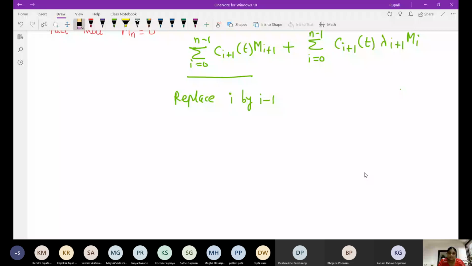N is 0. So the last term, as mn is 0, this summation from 1 to n of ci of t mi will reduce to summation i is equal to 1 to n minus 1 ci of t mi, because the last term is 0.